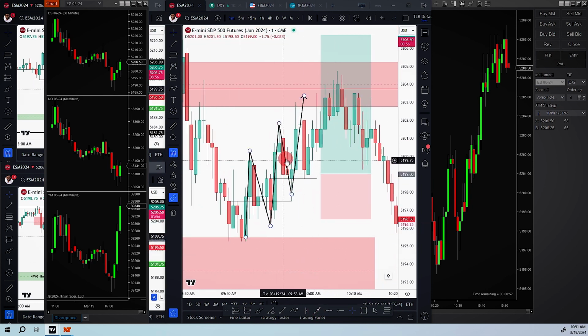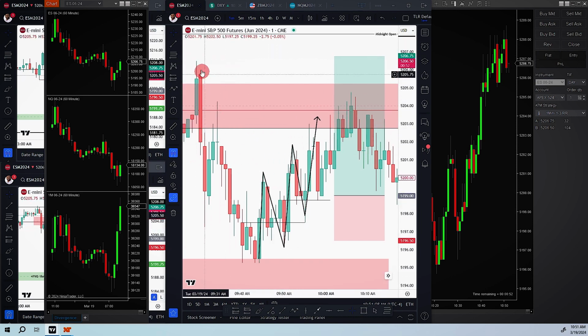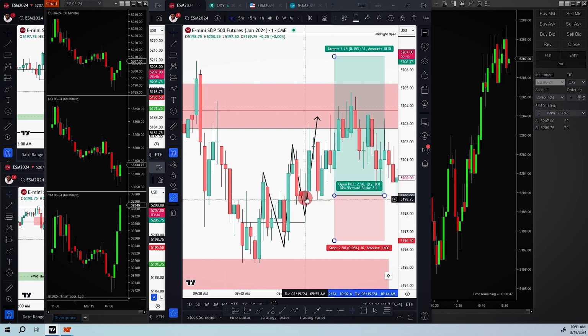And I was targeting that high right there. Now I was initially supposed to be going in with micros. It said I could do 8 micros. I was going to do 5 micros, and I was going to scale them out, right?